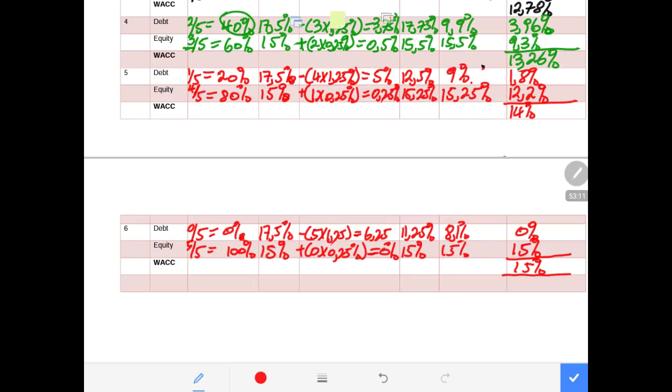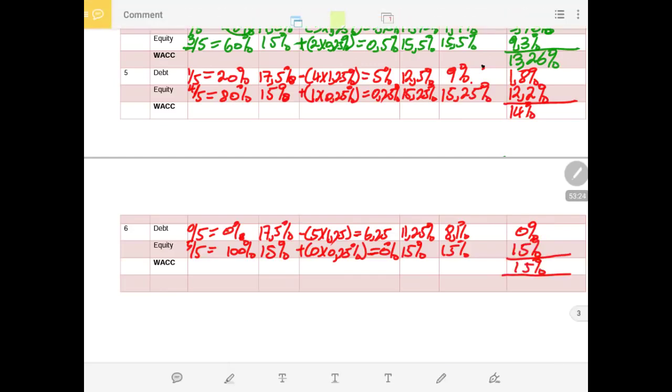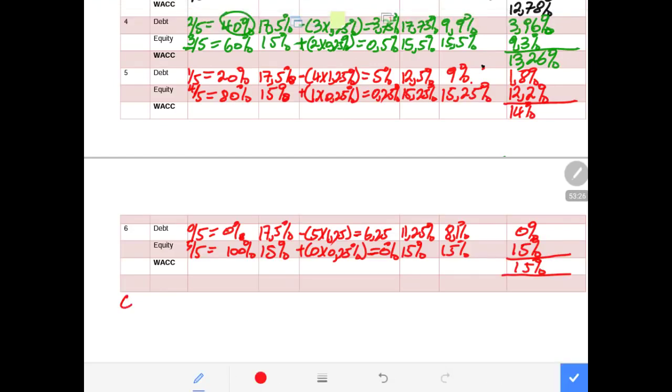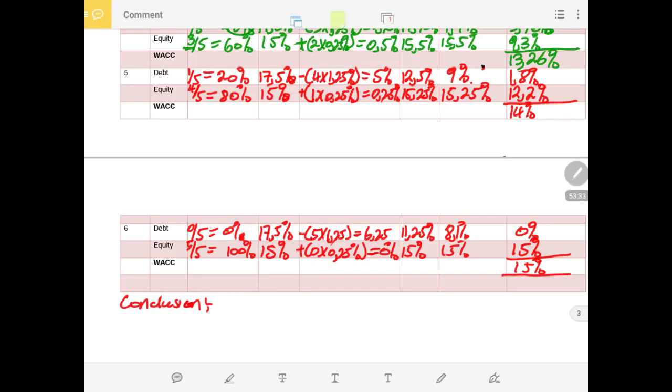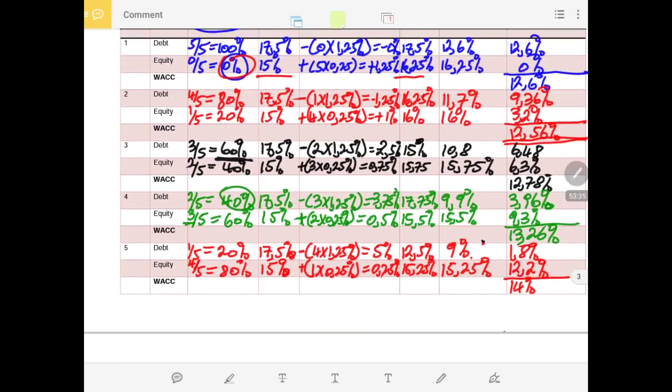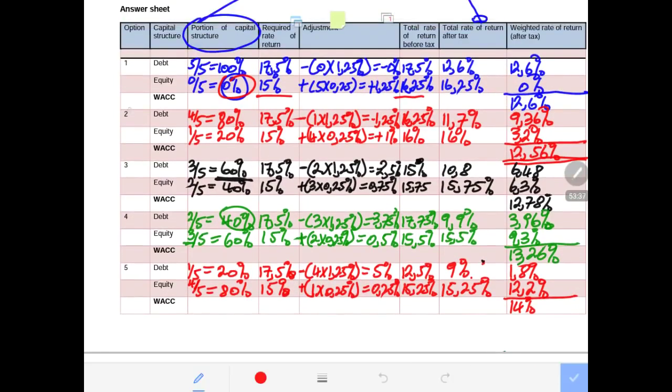Then now we have to come to the conclusion. And the conclusion says, based on the calculation, the best optimum structure is option 2. That will be what you conclude. It's very important to make sure that you do your conclusion. This will be the conclusion, because we have seen that the best one is option 2. Option 2 is 12.56.